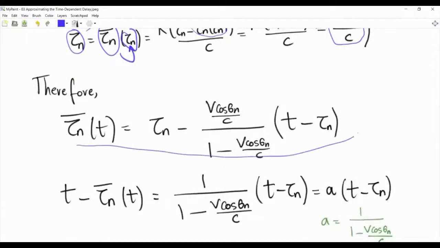After those assumptions, this is the expression for the delay as a function of time. It's a linear function of time, and it depends on tau of n. Note that tau of n without the bar is a constant. And so we will end up using tau of n as a proxy for the delay. As you will see in the coming minutes, dealing with a delay that is time dependent is very tough, so we will use tau of n in place of tau of t.